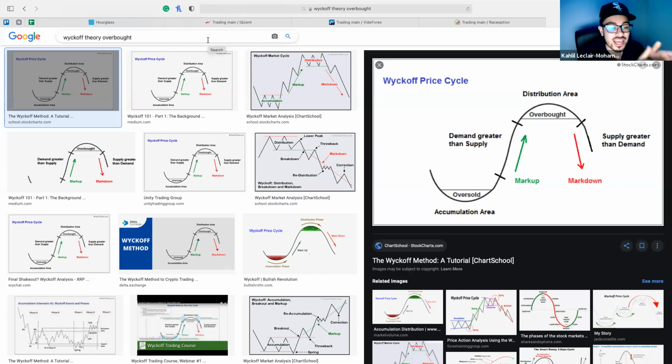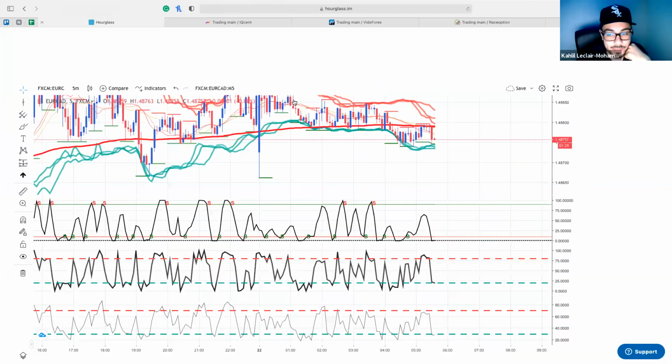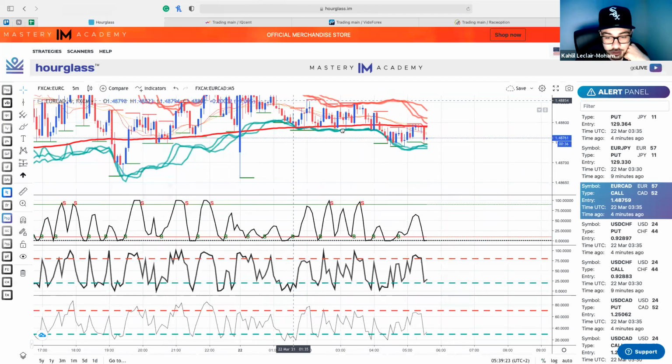It means that you want to pay attention and wait to see a clear shift in direction. Okay, let me repeat what I just said. If price is oversold or overbought, it does not mean that you want to take the trade. It means that you want to wait for a shift in direction. Okay? All right? Everybody understanding what I'm saying?